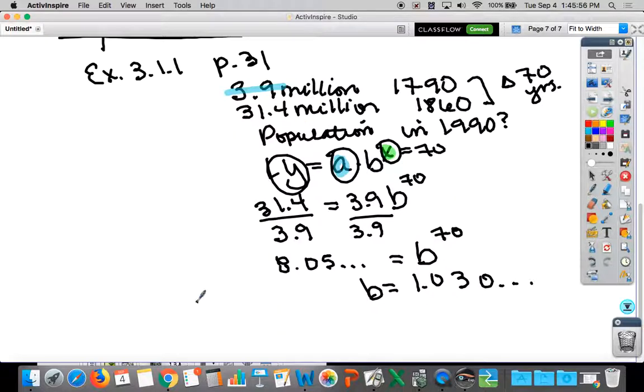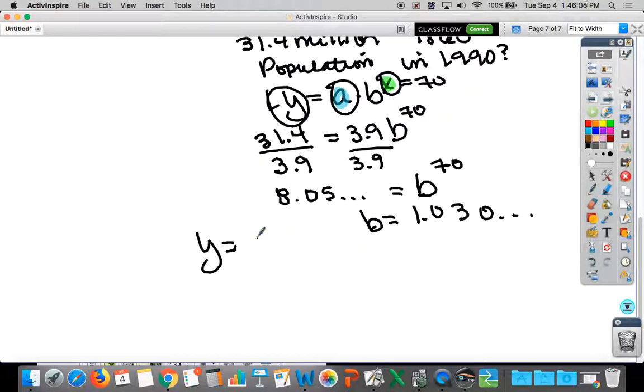So now I have y equals my a. It's still the initial value, which was what? 3.9 times my growth factor, 1.030 dot, dot, dot. You need to bring that down. Now it says find the population in 1990.